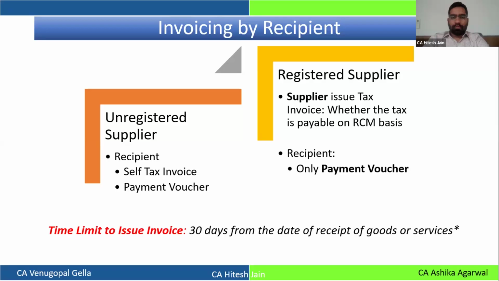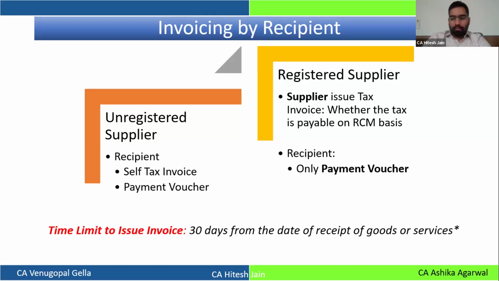This is very specifically mentioned in the Act. When you are receiving from a registered person, they issue you a tax invoice which is in compliance with GST. If you refer to Rule 46, which provides the contents that should be there in a tax invoice, there is one specific line: whether the tax is payable under RCM or not.